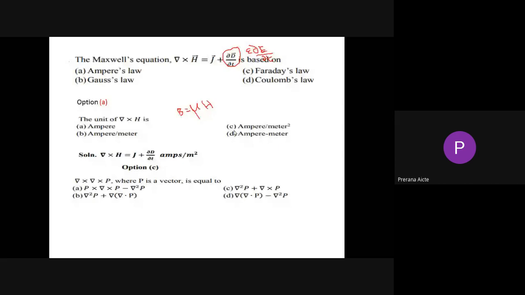Del cross P, where P is a vector, is equal to dash. Here we can apply the curl.